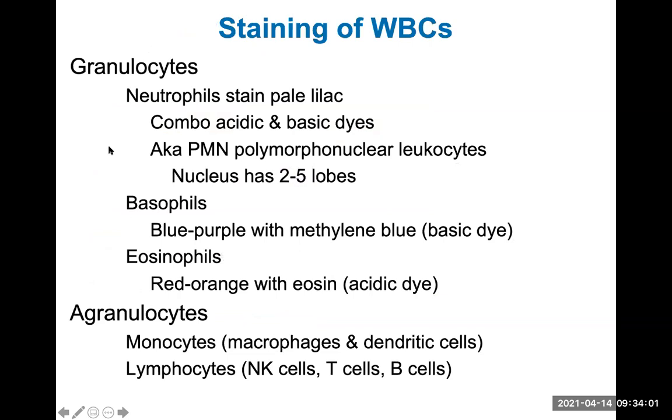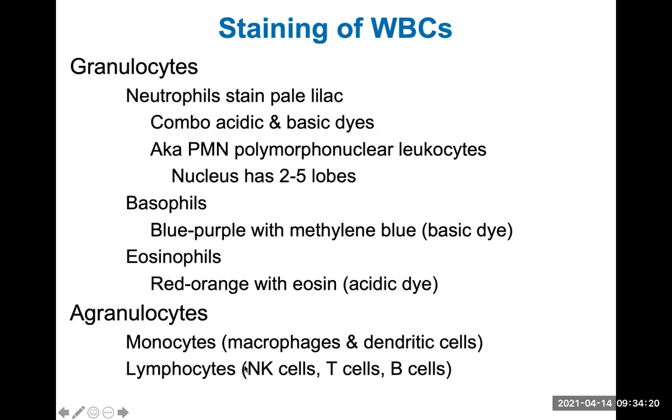And that's pretty much it as far as what you can see under the simple light microscope with simple stains for granules. Now, the agranulocytes will be your monocytes and your lymphocytes.